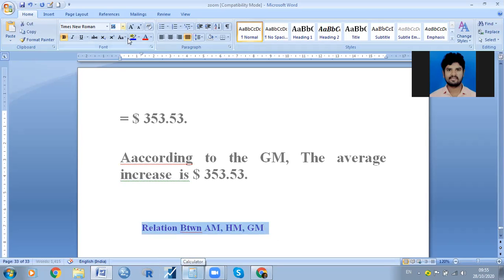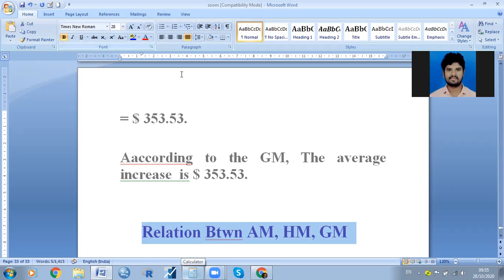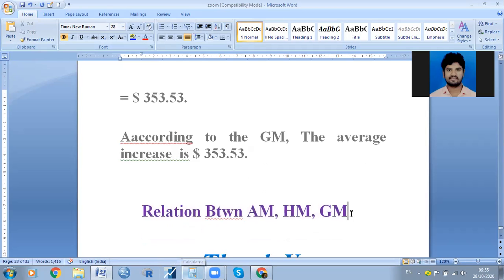When somebody asks which one is better, we cannot say which one is better, because they have different characteristics. We use each when it is required. When the arithmetic mean is required, we use the arithmetic mean. When the harmonic mean is required, we use the harmonic mean.